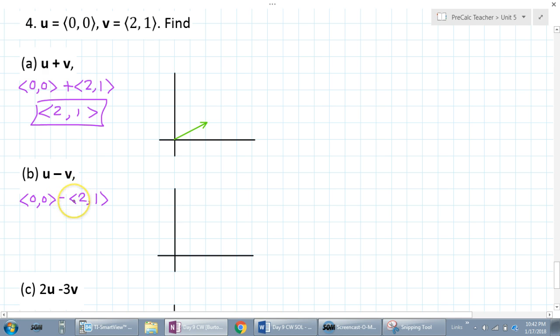Same thing if I want to subtract. Really, I guess the best way to do this is if I'm going to do u minus v, but if vector u is the 0 vector, it's kind of like it's not even there. So what I'm left with is negative vector v.